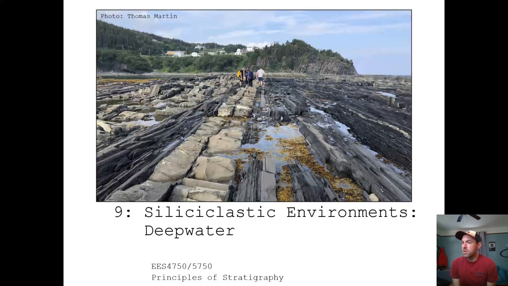Okay, so for this first lecture, we're moving offshore and into the deep water environment, and having a look at some of the processes that may or may not be all that familiar or intuitive to many of you. Most of us don't observe deep water processes on a regular basis, unlike with, say, rivers or fans or deltas.